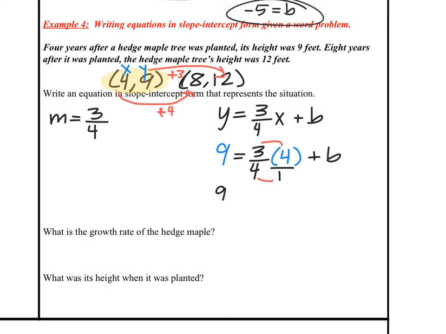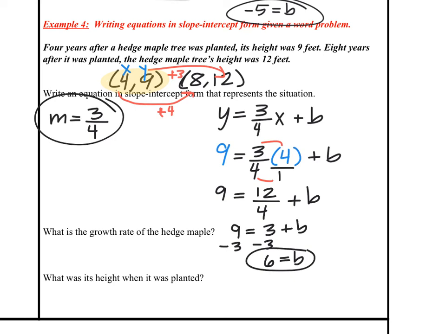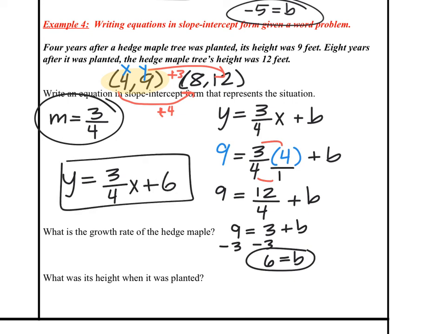So this would give you 9 equals 12 over 4 plus b. 12 divided by 4 is 3. And then you would subtract 3 to keep solving. And you get that b equals 6. So here's your two pieces of information. That means that your equation is going to be 3/4 x plus 6.